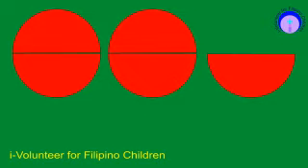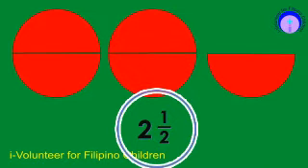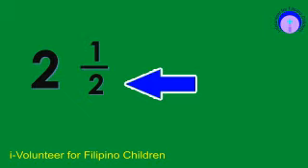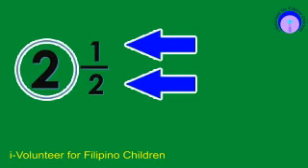Can you guess the improper fraction of this figure? This is the mixed number 2 1/2, and it can be converted in a different way. Look, from the bottom to the side to the top.